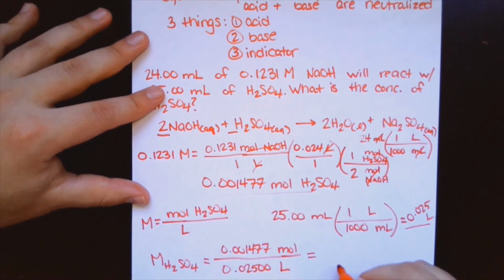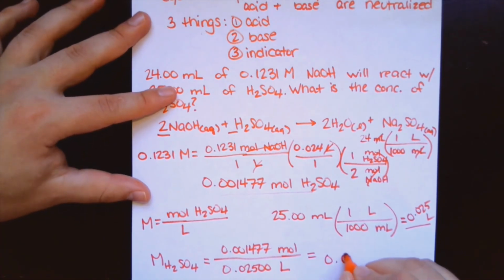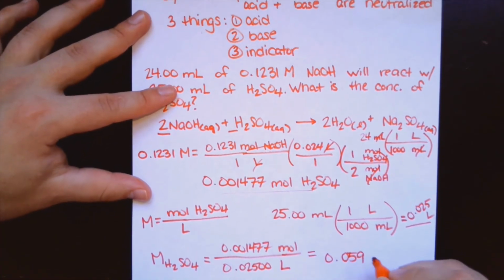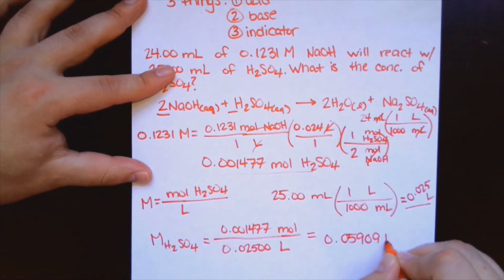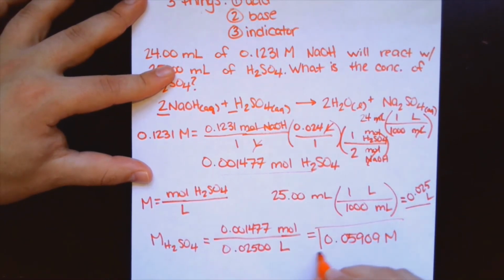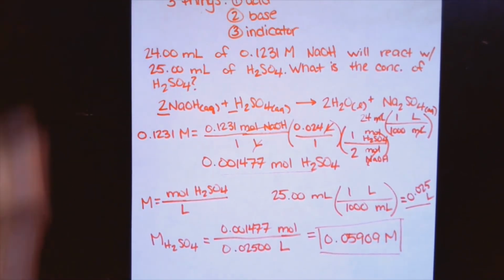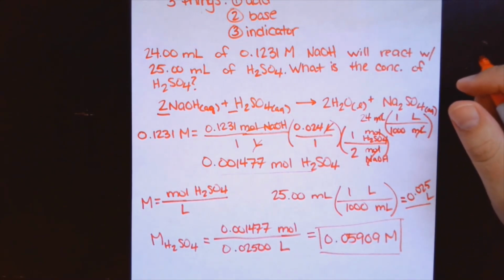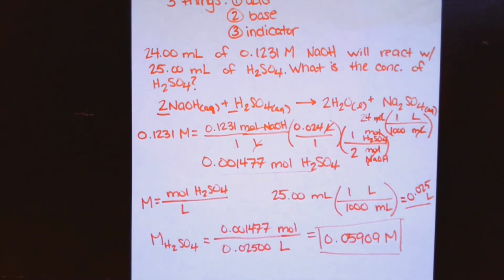Do that division, and we get a final answer of 0.05909 molar. And that was your concentration of the sulfuric acid solution. Again, titration problems will pretty much always follow that general type of format.